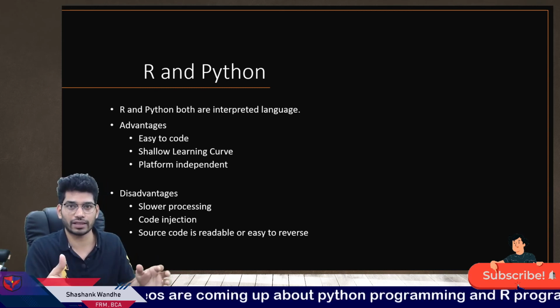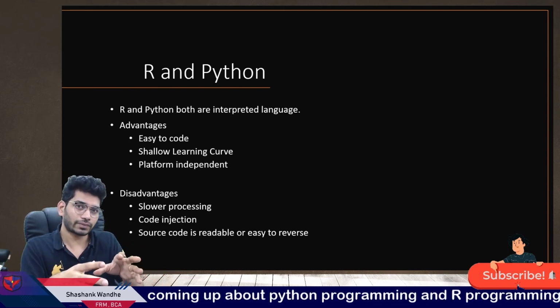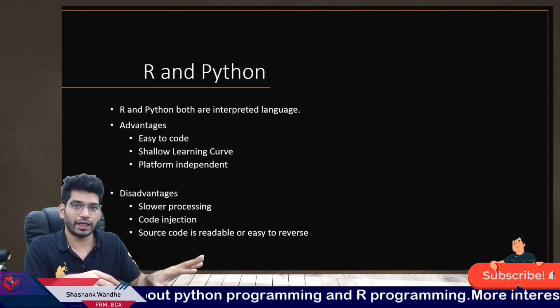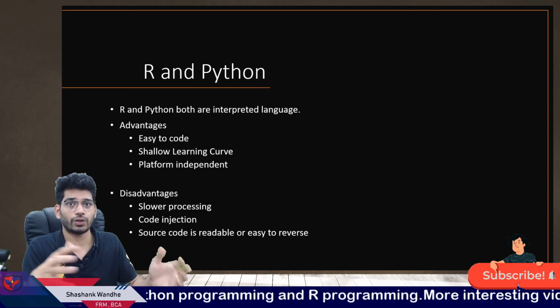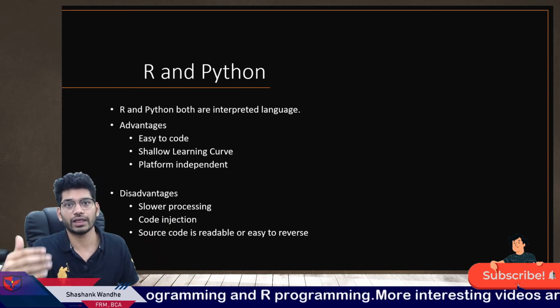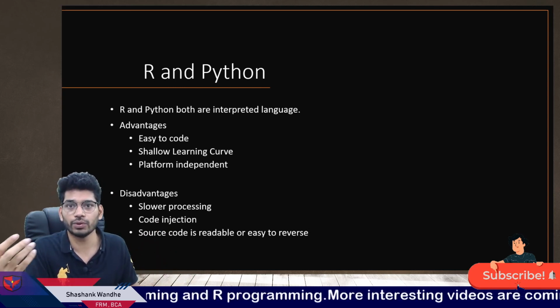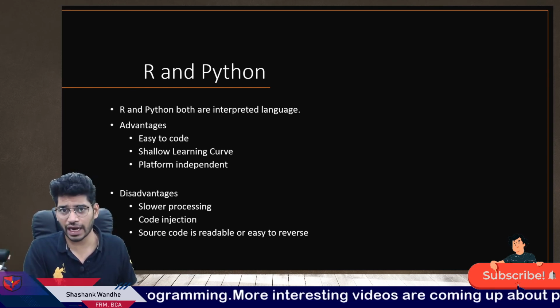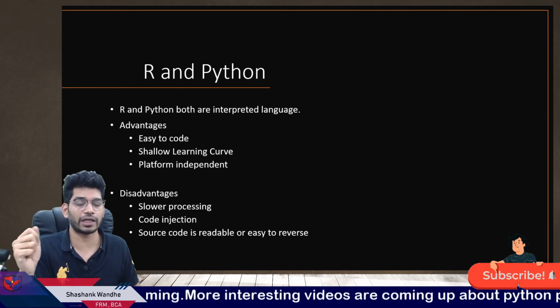You can do anything in Python, absolutely. When you are developing the application, that application code can be reverse engineered to see what your raw code was, meaning your raw code is susceptible to leakage. So those are the advantages and disadvantages of interpreted languages.